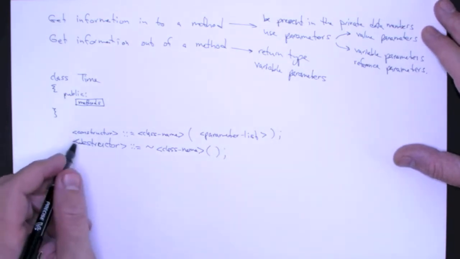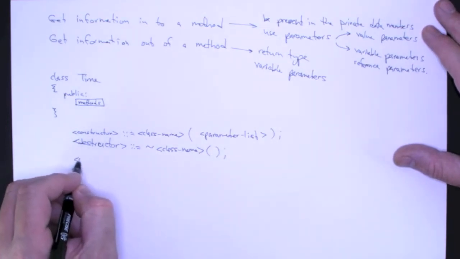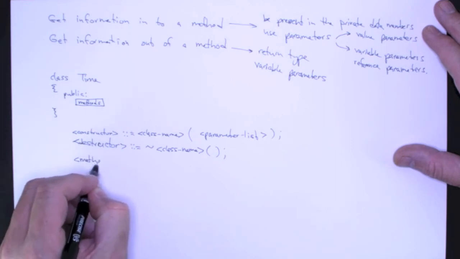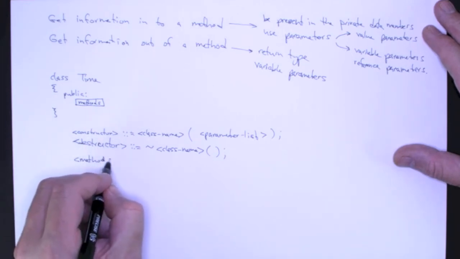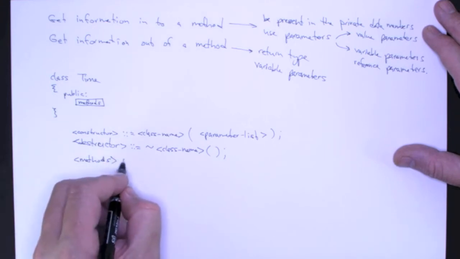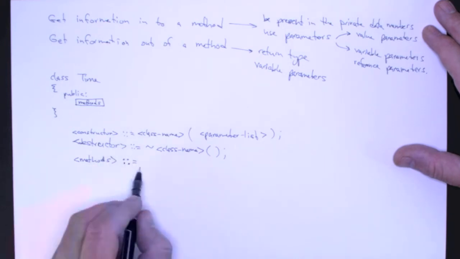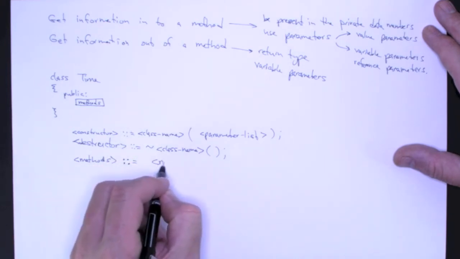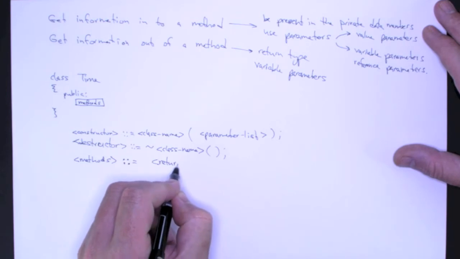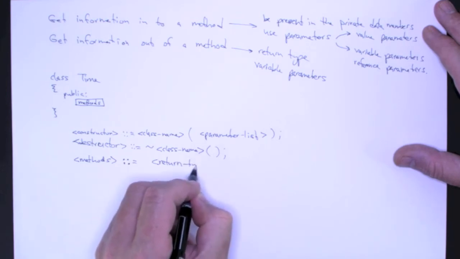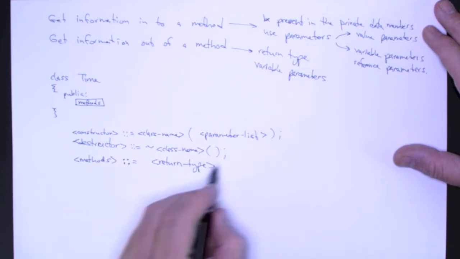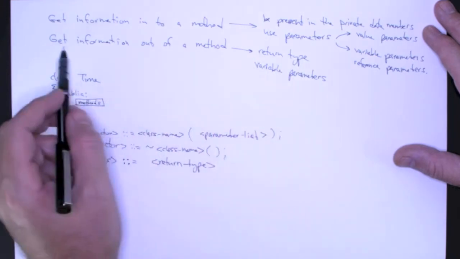But what's a little bit more interesting are general methods, methods that are not constructors, but other methods that we might want to write, like one that averages students' grades. And what we see here is that we first specify the return type of the method. That is one way of getting information out.